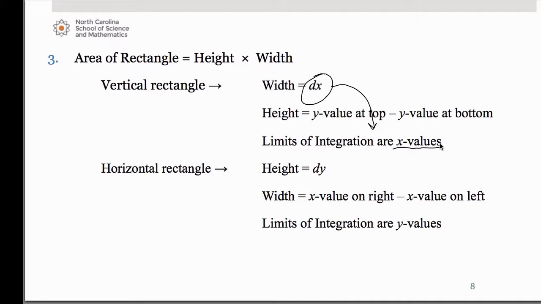And again, the important thing to remember is that if you have a dy problem, your limits of integration have to be y values. It also means your integrand needs to be in terms of y. That part is really important, and you will have an example of that to watch on your own.